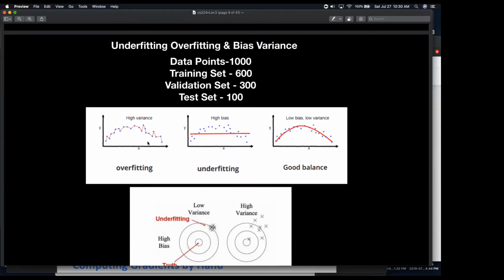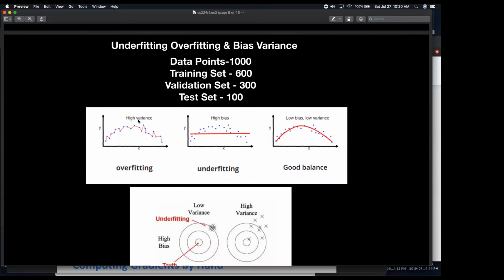Another way to think about it: if you overfit your model and run your accuracy, or whatever metric, on the training set, you will get really high numbers. But the moment you apply it to your test set or validation set, your accuracy or metric is going to drop. That is a sign of overfitting.